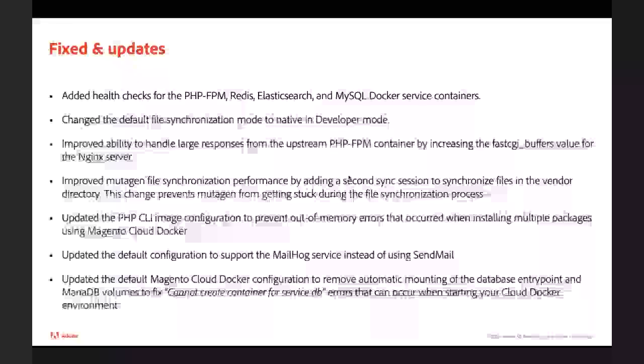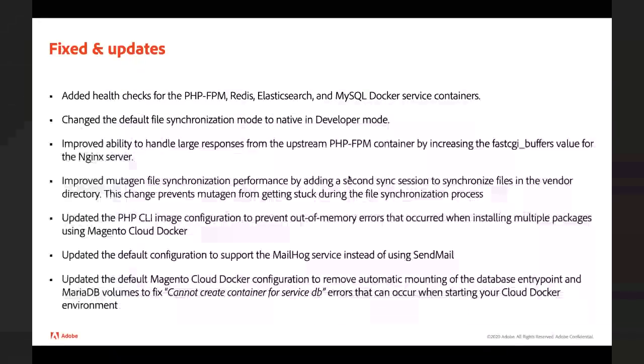Also, we have a bunch of fixes and updates. We added health checks for a lot of containers. Now synchronization mode is native for developer mode. We increased the FastCGI buffer value for the Nginx server, added a second Mutagen sync session to synchronize files in the vendor directory. We updated the PHP CLI image configuration to prevent out-of-memory errors.